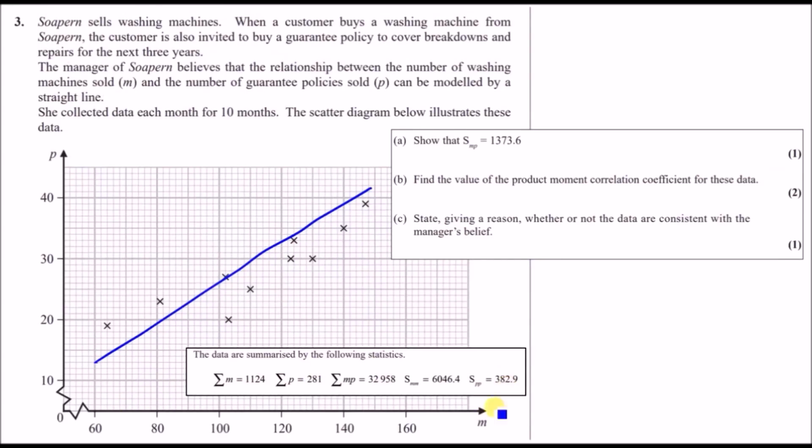Okay. Now jump into the question. It wants us to show that SMP between these two is 1373.6. Okay, that's quite direct. So it's telling us to use a formula.